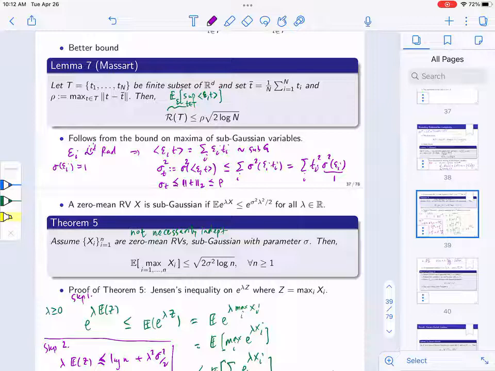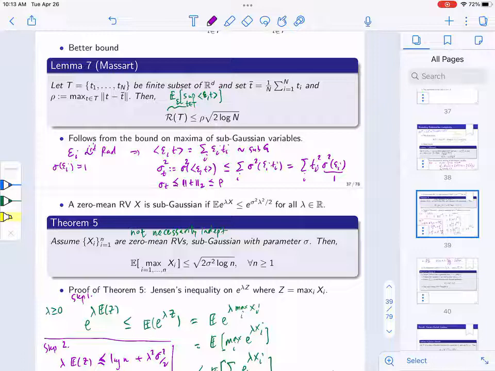Now if you plug in everything there, that would be the result. It's like 2 rho squared log n, and this capital N. So that follows from a combination of the result for the maximum of Subgaussian variables, the fact that the sum of independent Subgaussian variables is again Subgaussian, and that the Rademacher is Subgaussian. So we have that nice result.